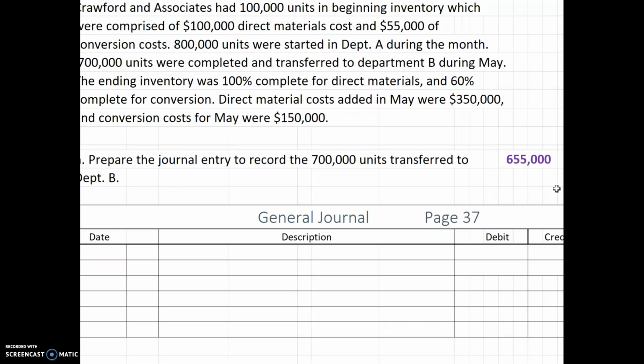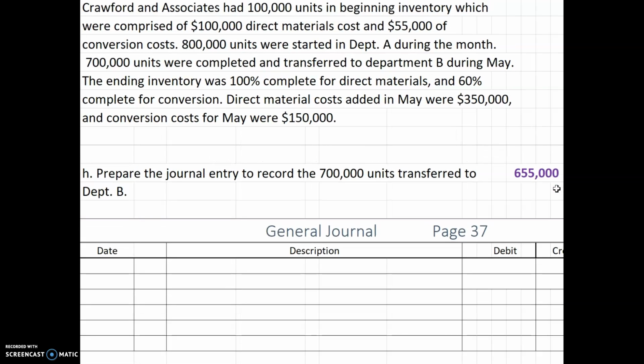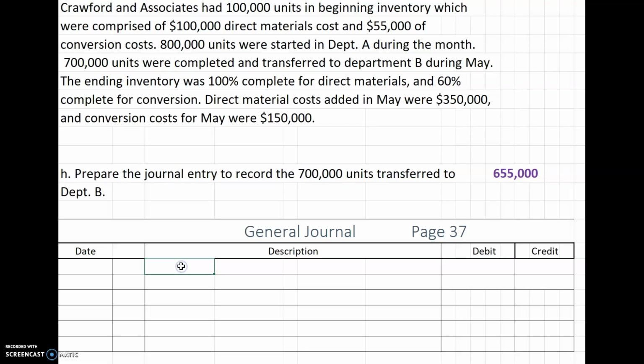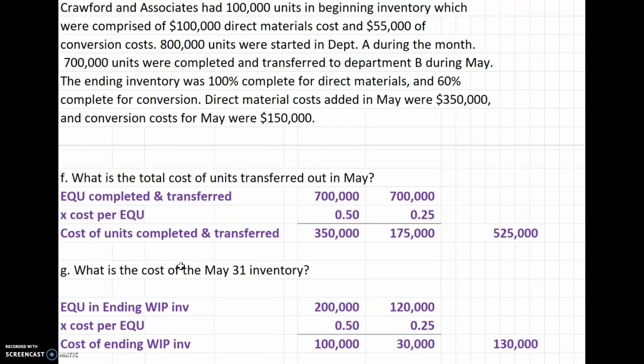So the journal entry that we would make to show the costs that were transferred on to the next department, well, we would debit the work in process inventory for Department B, because that's where the costs are going, and we would credit the work in process inventory Department A, because the costs are coming out of Department A's work in process inventory, and that would be for the amount that we calculated for the units completed and transferred.